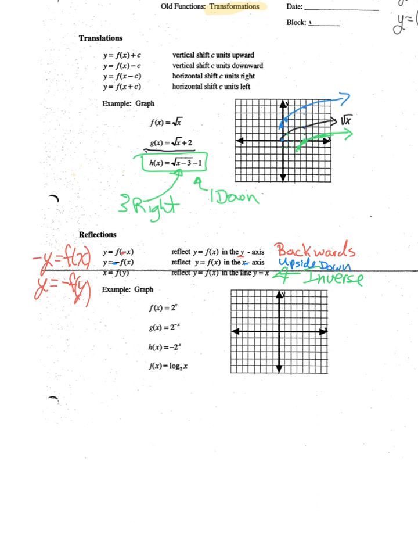Okay, let's remember our exponential function. y is equal to 2 to the power of x. And let's just graph it. So I'd like you to think the t-chart in your head. If x is 0, 2 to the 0 is 1. If x is 1, 2 to the power of 1 is 2. If x is 2, I've got 2 to the power of 2, which would be 4.